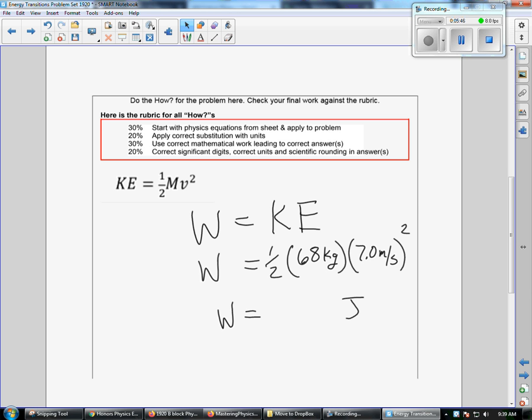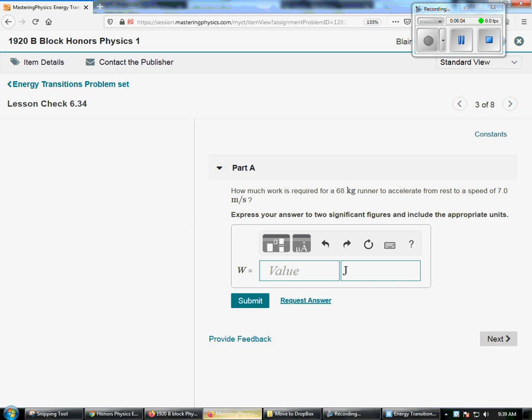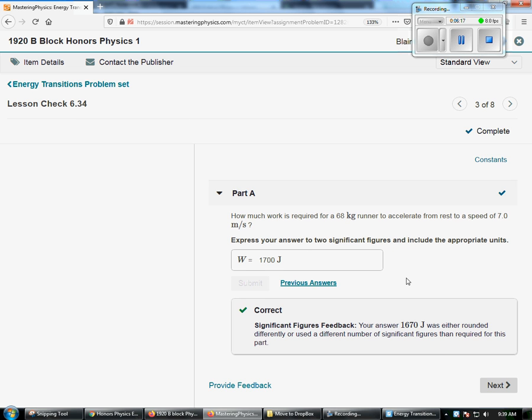I got 1,666, which of course with 3 sig figs will give me 1,670 joules. And that should be right. Let's see. 1,670. Yay!